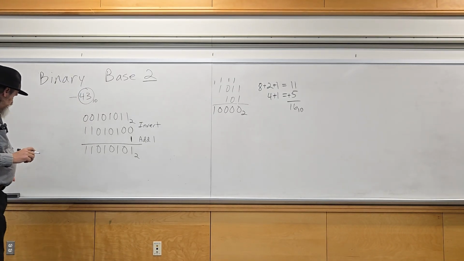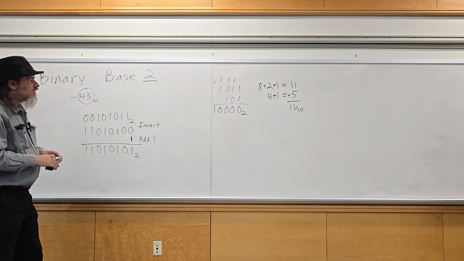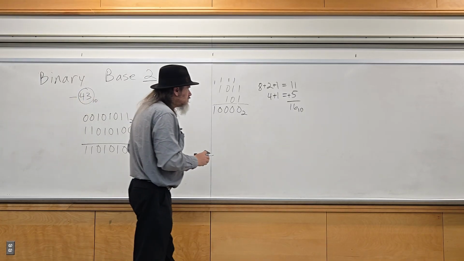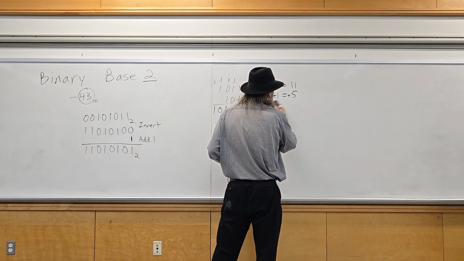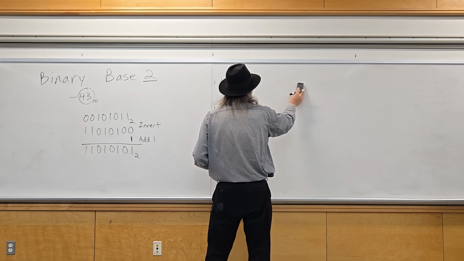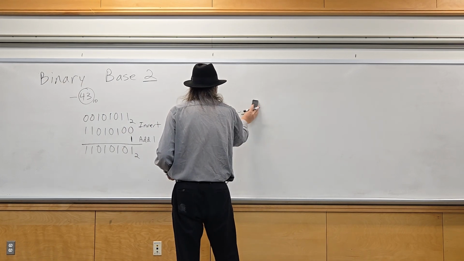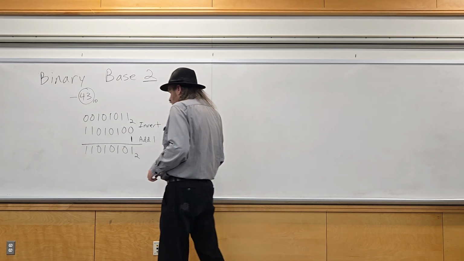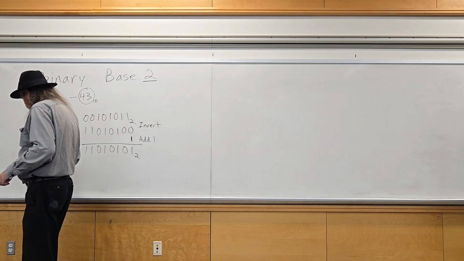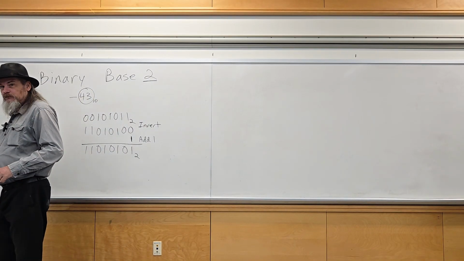Okay, now we're going to try something a little bit different. This is where 2's complement becomes really handy. A subtraction is just adding a negative number, right?